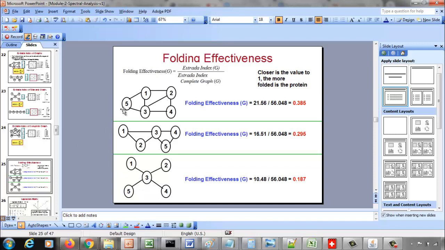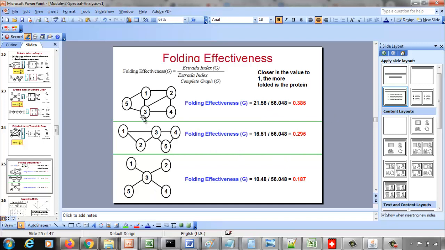This graph has this distribution of edges, this has a different one. So they are all different graphs. So what we are trying to find is how folded these graphs are. And by folded, in our graph theory context, it means how close it is to a complete graph. Okay, so that's what we are actually trying to find.